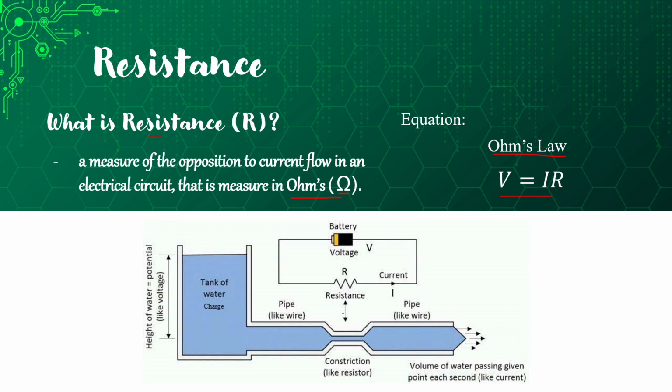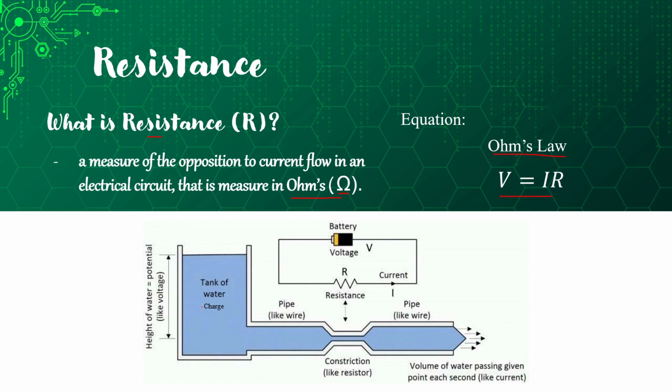Given the figure, for example, we have a basic circuit: a battery, which is a source, a wire, and then a load, which is a resistor or resistance. We're going to compare it to a simple pipeline. So this is the analogy of the circuit.